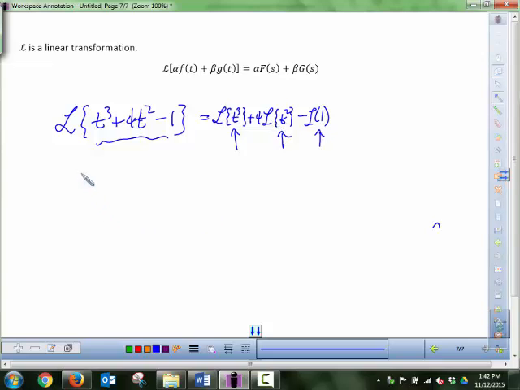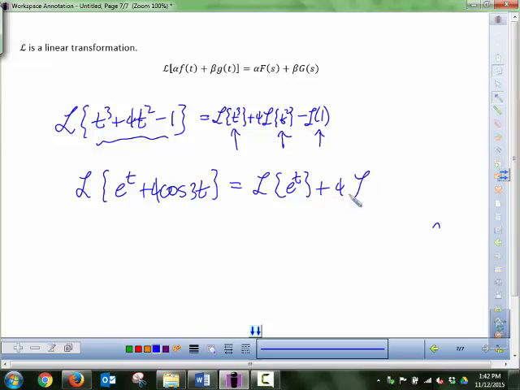We also know the Laplace transform of e to the t plus 4 cosine 3t, and that's equal to the Laplace transformation of e to the t plus 4 times the Laplace transformation of cosine 3t. So we take those for granted, and we're going to come back and take it for granted again.